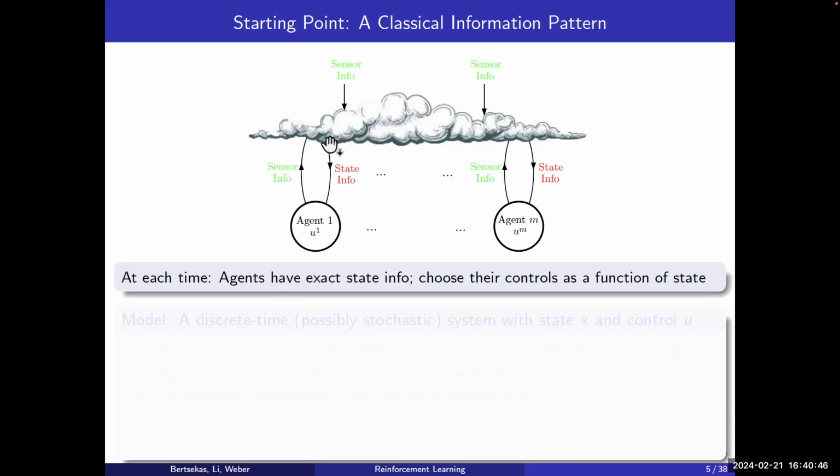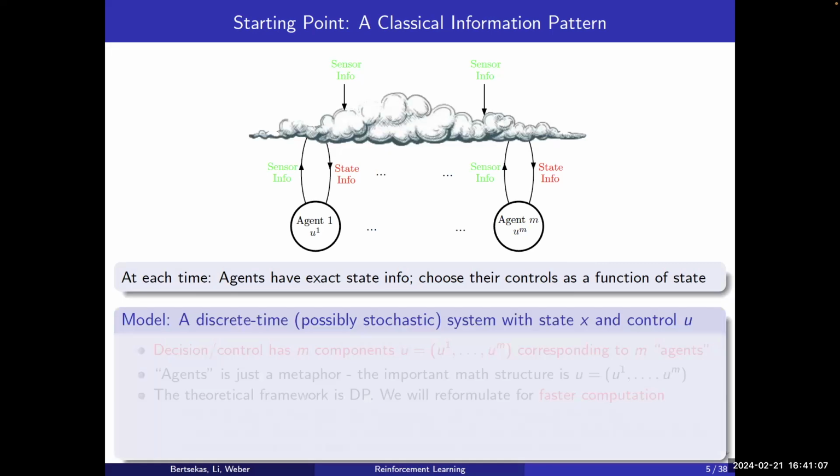They all have access to the information stored in the cloud, and every agent fully shares its local information to the cloud. So in that sense, every agent makes decisions based on the common, collective information.